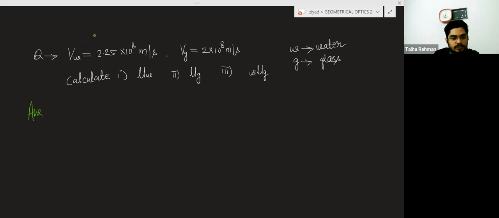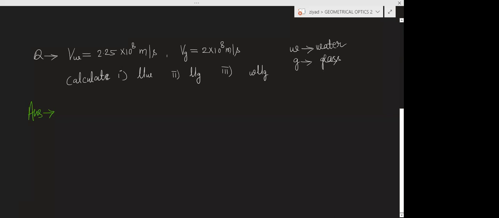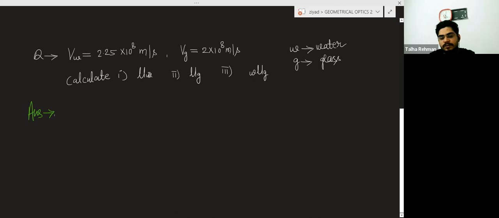Some information is given to us: the speed of light in water is equal to this, and the speed of light in glass is equal to this. Calculate the refractive index of water. Calculate the refractive index of glass. Calculate the refractive index of glass with respect to water. Okay, first question, first answer.